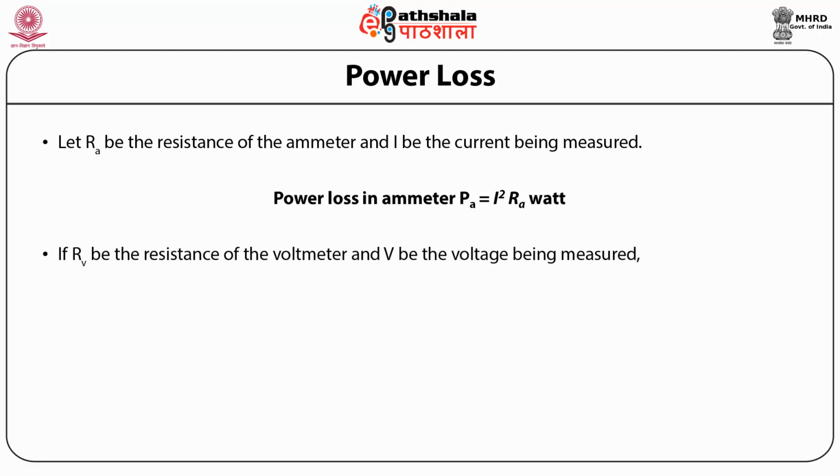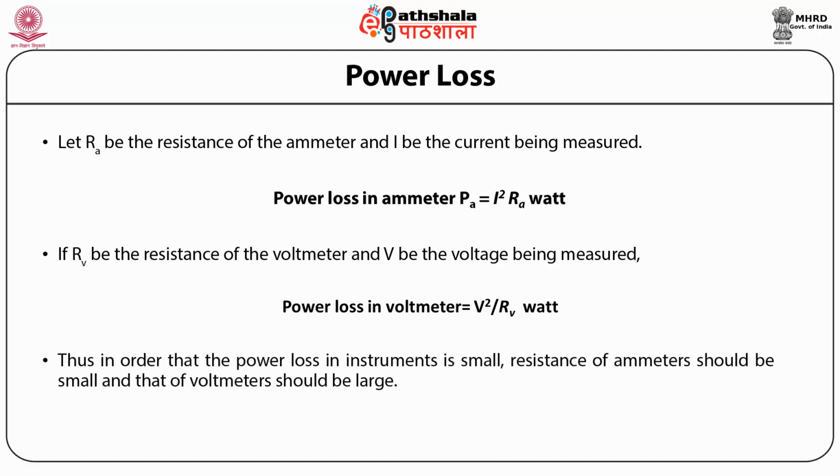If Rv is the resistance of the voltmeter and V is the voltage being measured, the power loss in the voltmeter is given by V square by Rv watts. Thus, in order that the power loss in instruments is small, the resistance of ammeters should be small and that of voltmeters should be large.